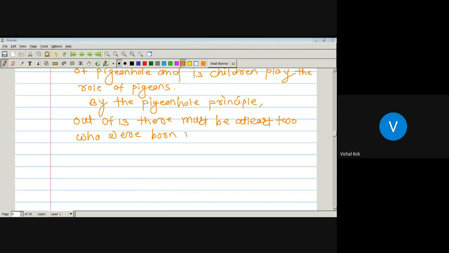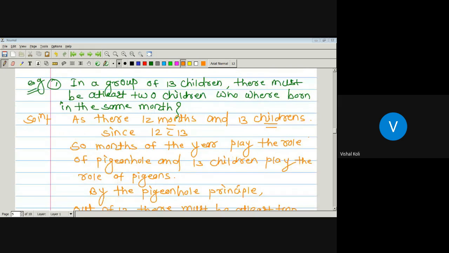Since there exists one month that contains two or more children, that is, there exists at least one month in which two or more children are born, and that is what we have to prove.